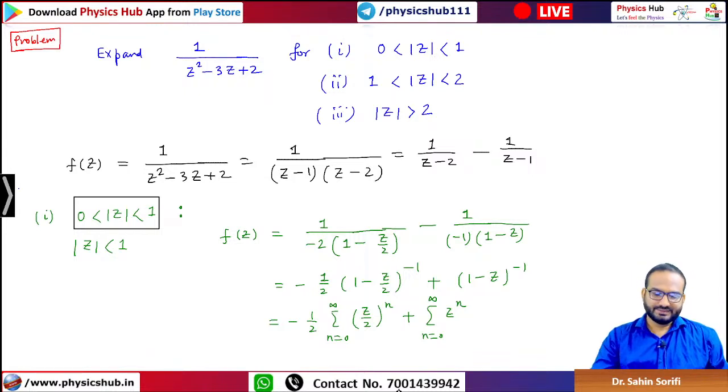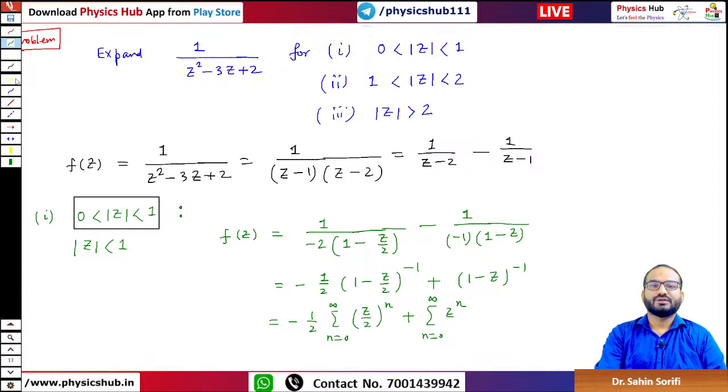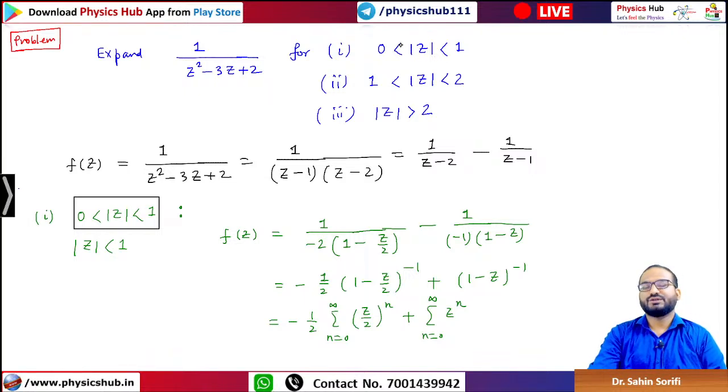This one is clear, guys. Now can you do the next one? You have to follow this. Look, 0 less than mod z less than 1, it means mod z less than 1. So we have incorporated that. Now here you see mod z is not less than 1, here it is mod z greater than 1.